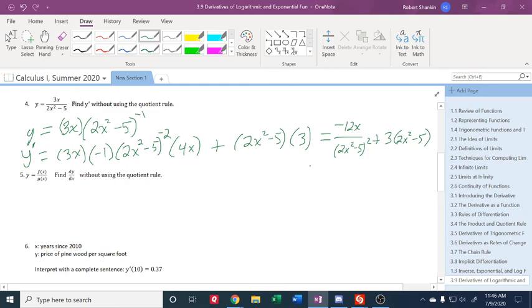All right. Hopefully that was clear. How to do a quotient rule problem, a division problem now without using the quotient rule.